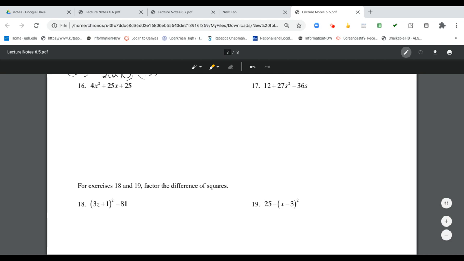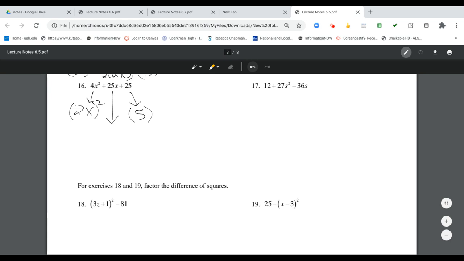All right, number 16. If I take my 2x, sorry about that, my 2x and my 5. This number in the middle does not equal 2 times everything else.